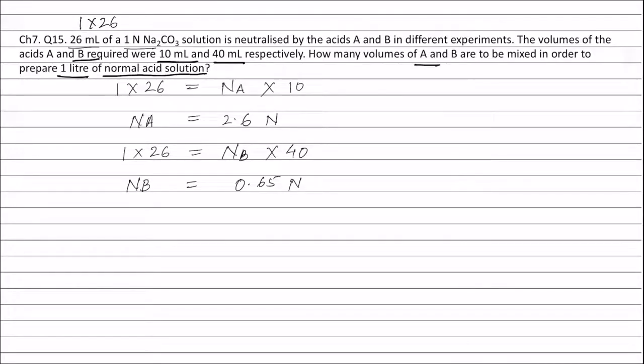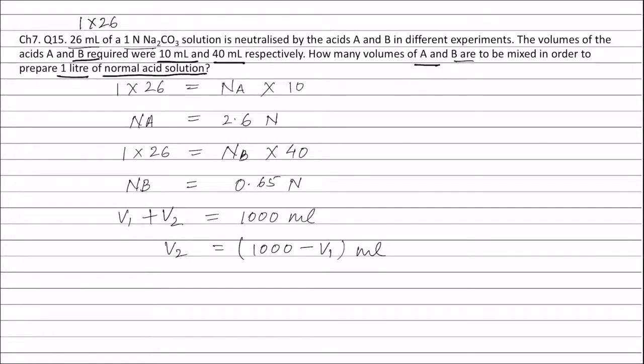And let the volume of A be V1, volume of B be V2. Therefore, V1 plus V2 is equal to volume of the final acid solution, that is 1 liter or 1000 milliliters. From this we get volume of B or V2 equals 1000 minus V1 milliliters.